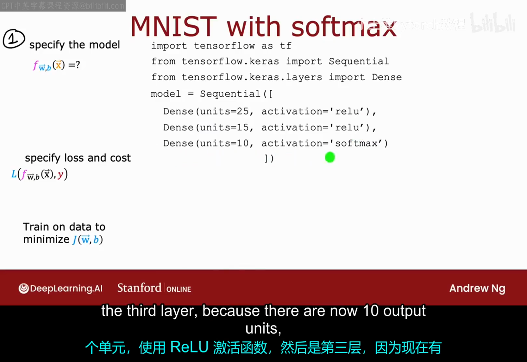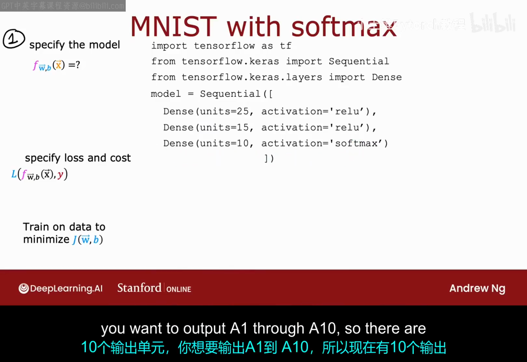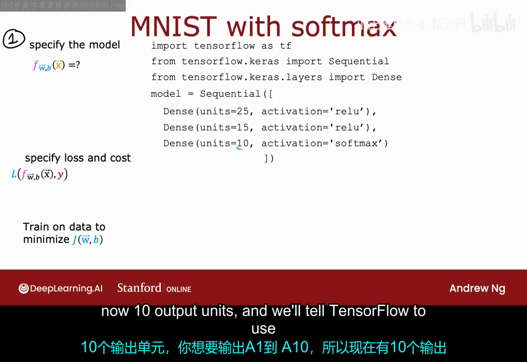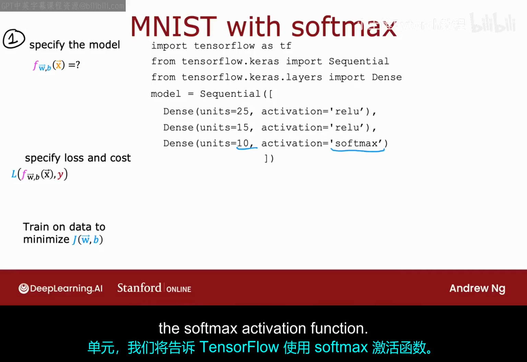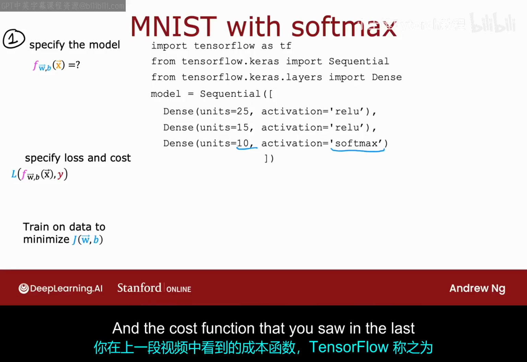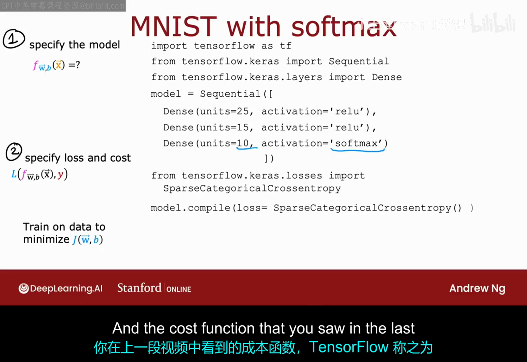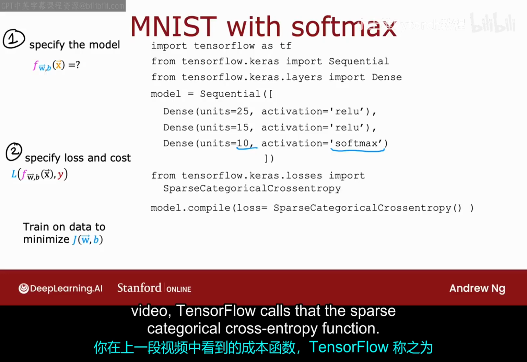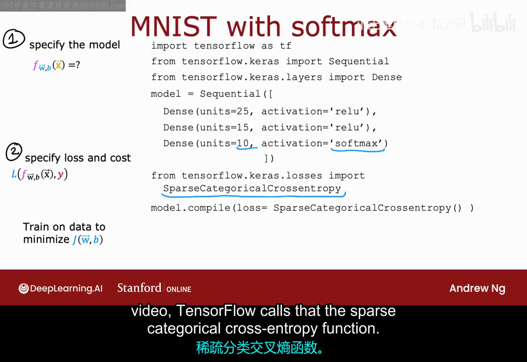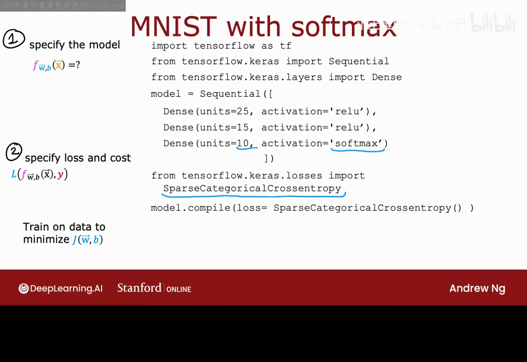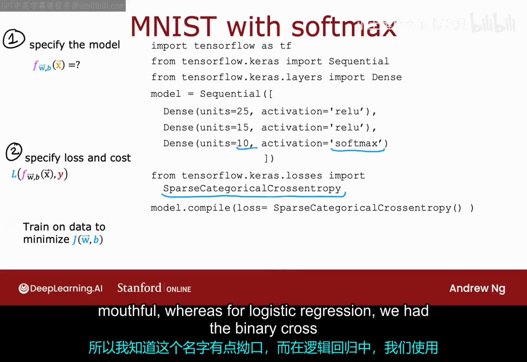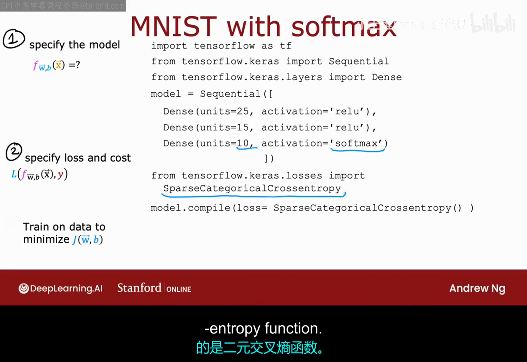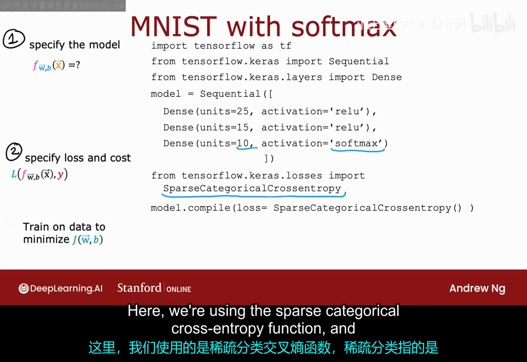And then the third layer, because there are now 10 output units, you want to output A1 through A10, so there are now 10 output units, and we'll tell TensorFlow to use the Softmax activation function. And the cost function that you saw in the last video, TensorFlow calls that the sparse categorical cross-entropy function. So I know this name is a bit of a mouthful. Whereas for logistic regression, we had the binary cross-entropy function. Here, we're using the sparse categorical cross-entropy function.